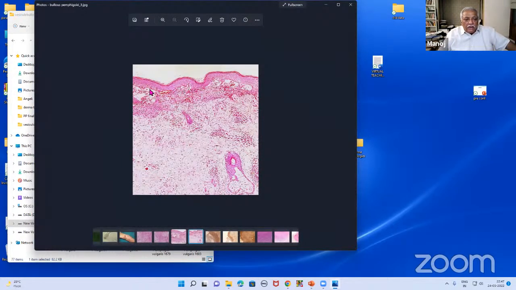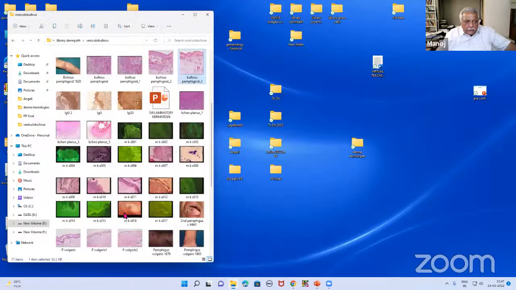You can make out that in the upper part, the epidermis, the cells are not falling apart. They are being held there by some component of the basement membrane. And the split has happened here. This is inflammation in the bullous cavity. So at times you may be able to make out. And in pemphigus, the whole thing will be frayed on both sides because the cells themselves are separated.